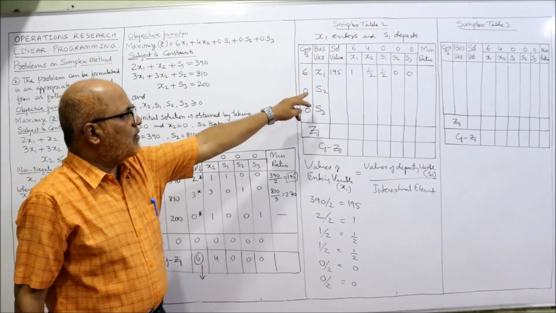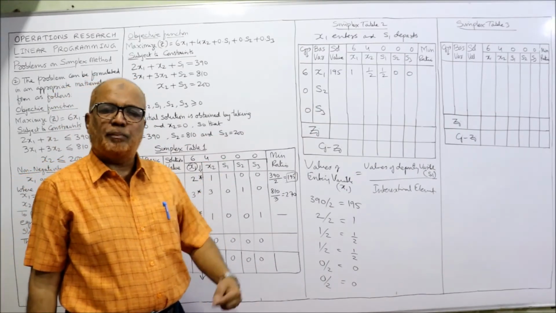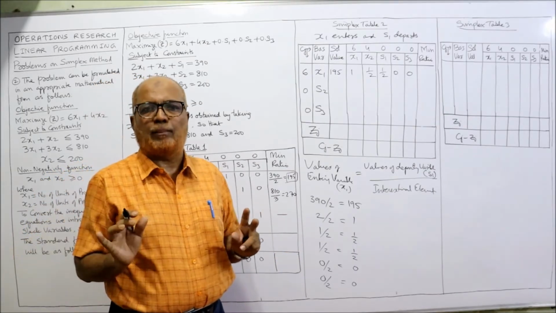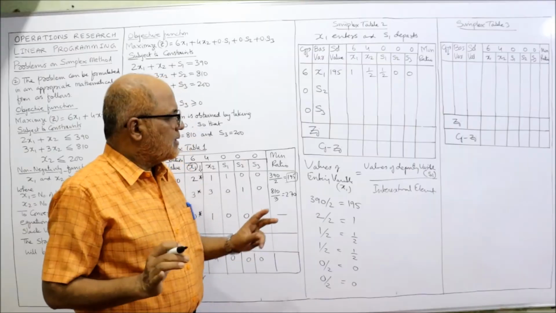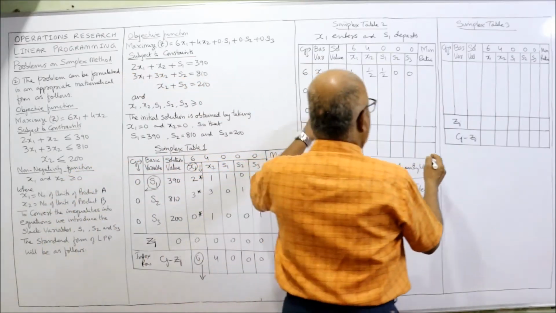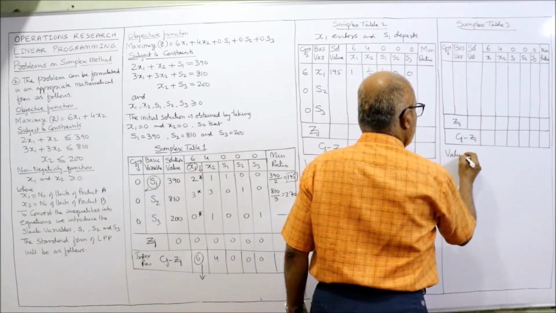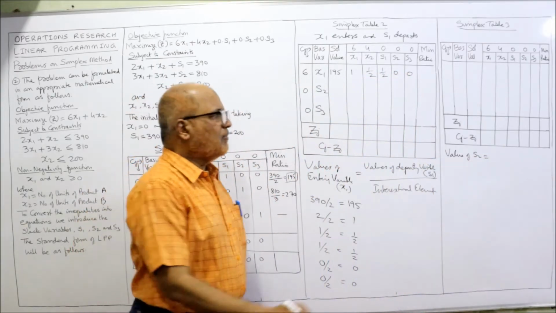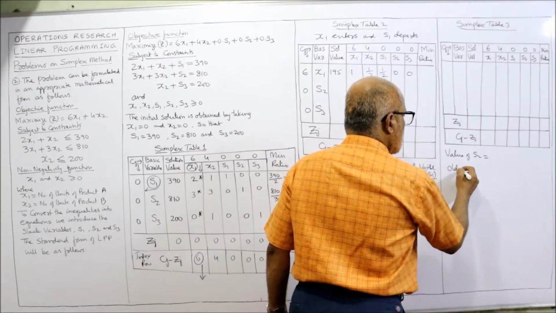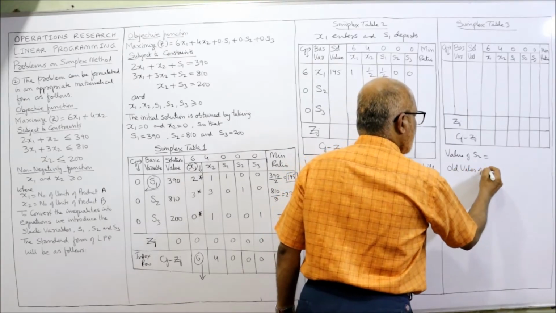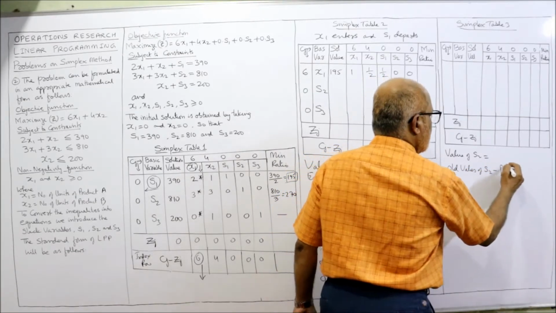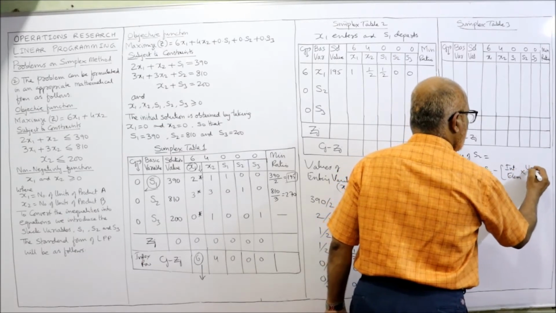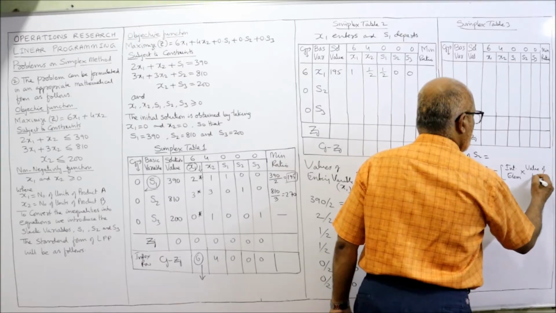Now we need the values of S2 and S3 as in the previous problem also. Same procedure, same rules we have to apply every time. So the new values of S2 are equal to the old values of S2 minus the intersectional element into the values of the entering row.